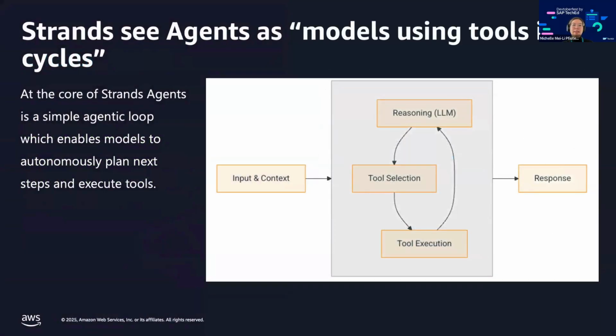What Strands implements is called an agentic loop that really forms the core of its functionality here. This means that we have an input and a response, and in between we have this agentic loop, where the model receives a prompt and context, as well as a description of available tools. What the model then does is that it reasons about the task and decides multiple things.